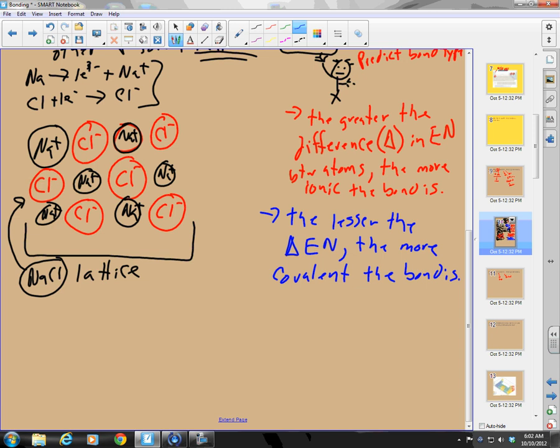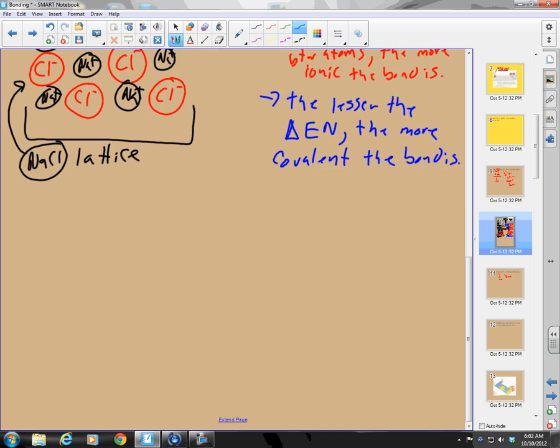Let me draw a nice little picture. Let's make a nice little graph. Let's put my change in electronegativity, and let's say bond type down here.